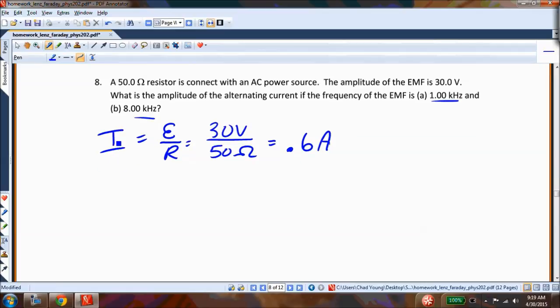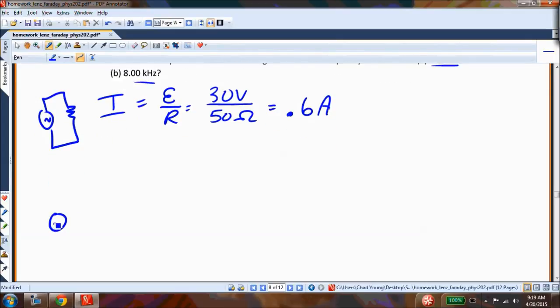Now, this would be a circuit that would look like this. However, if I had a circuit that looked like this, where instead I had a capacitor, this is not true. My current here is equal to E over the capacitive reactance.